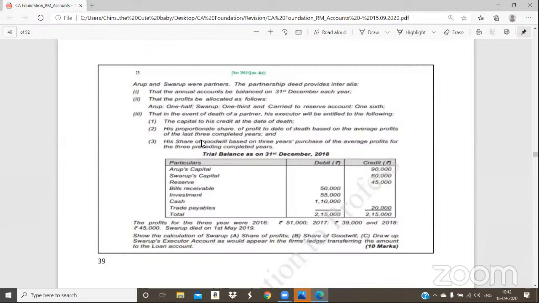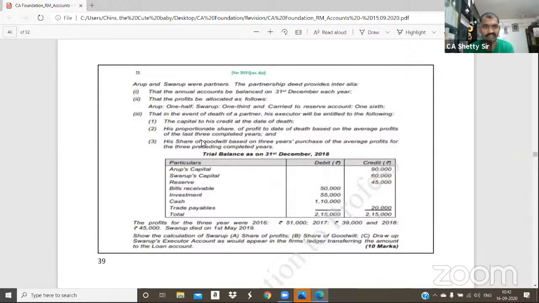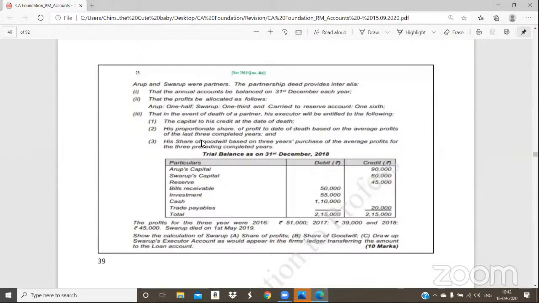That in the event of death of a partner, his executor will be entitled to the following: the capital account to his credit. Next, at the date of the death, his proportionate share of profit to the date of the death based on the average profit of the last 3 completed years, and his share of goodwill based on the 3 years purchase of the average profit for the 3 preceding completed years.